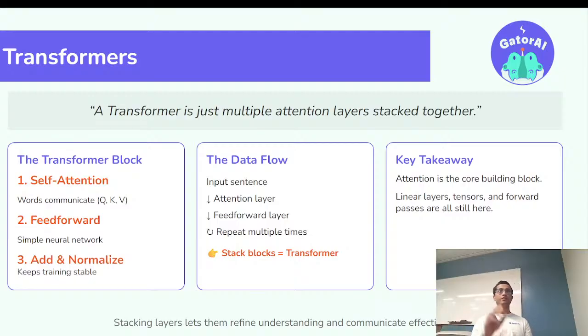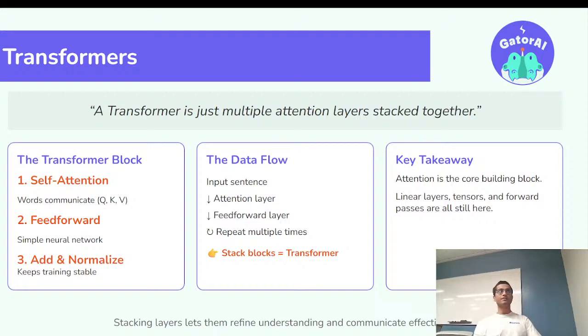Each neuron connects to every single other neuron in the next layer. So just a simple feed forward neural network. And then we have adding and normalization, which keeps training stable. So basically you have dropout, different types of activation functions, a lot of those things. So a transformer is basically just a culmination of these things, with attention being the star of the story in that situation.